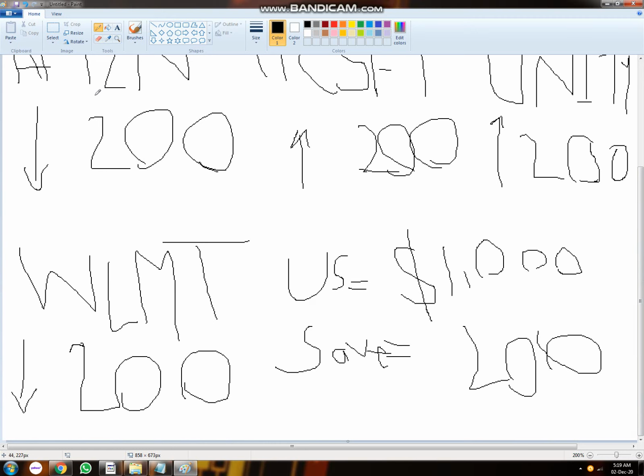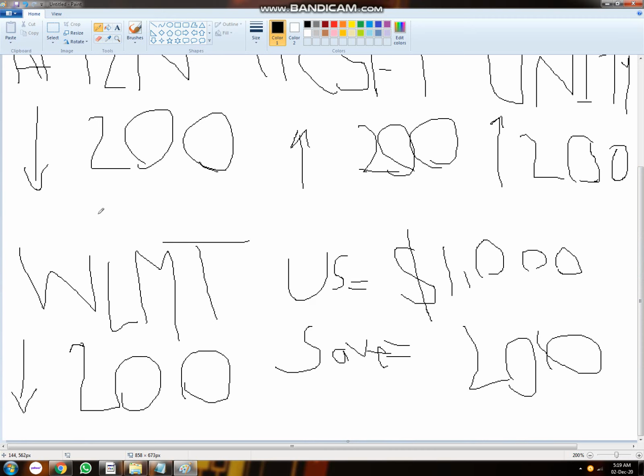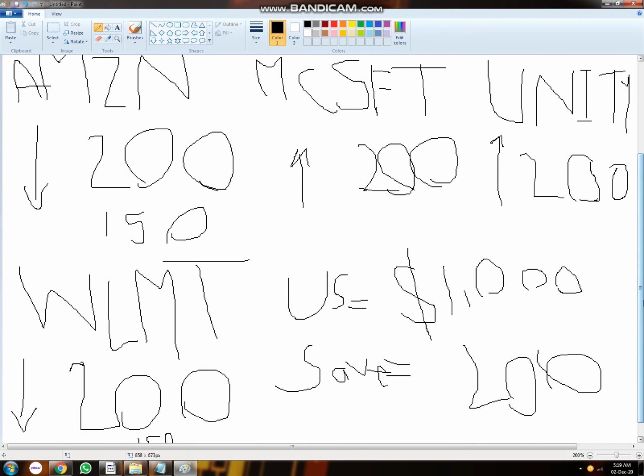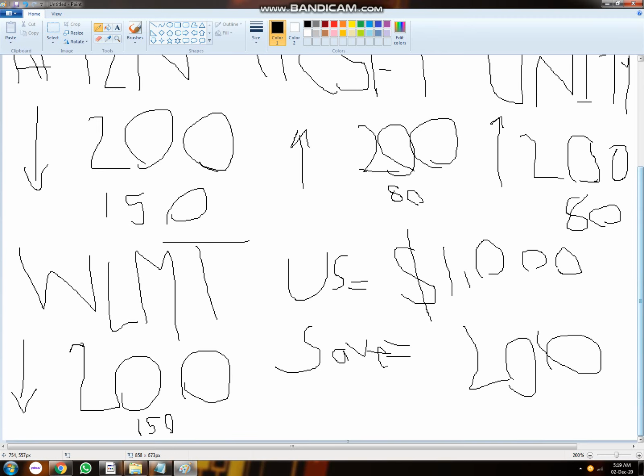So now, in these two stocks, the amount dropped. Now you have a total investment of $150 in each, like you have lost $50, so now you have remaining $150. Now you have profited from this one about, let's say, $80, which equals $160.